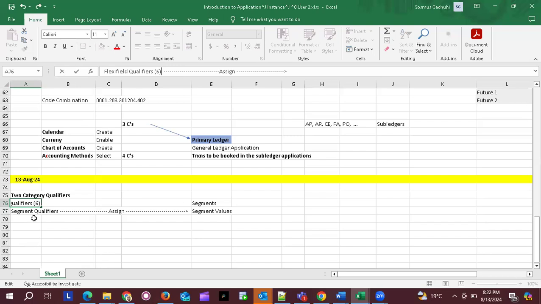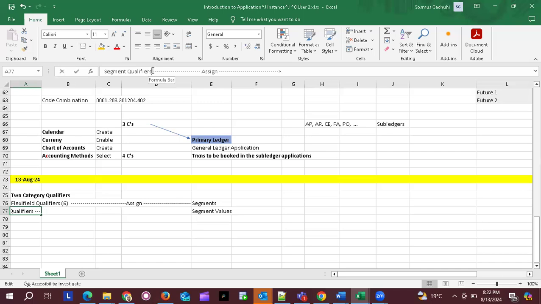Okay, there are 6 in number. And segment qualifier, we have 5 of them. So all this apply and give the segment values different characteristics. The same case for the segment qualifier, they give the segment values different characteristics. I hope the difference is clear.